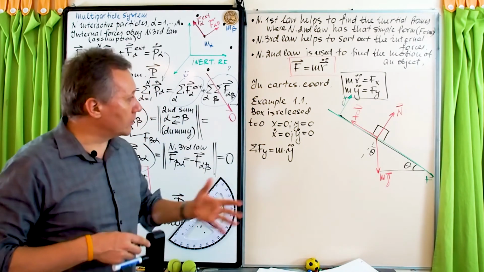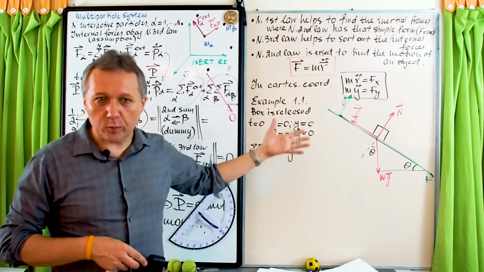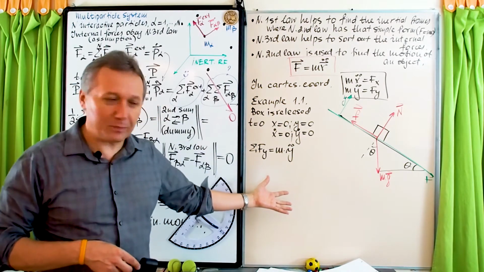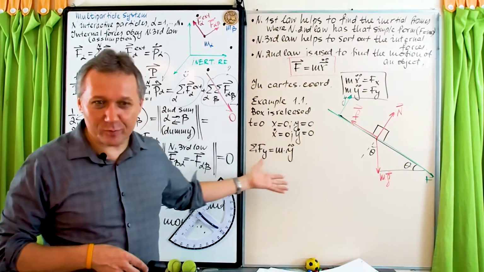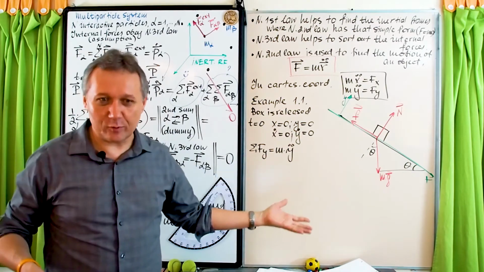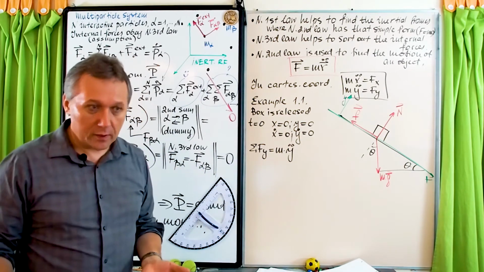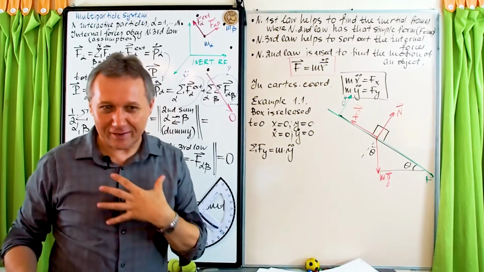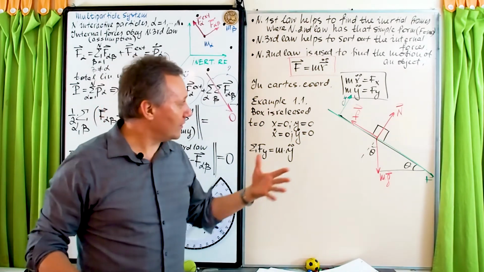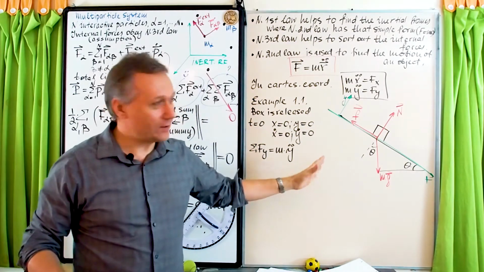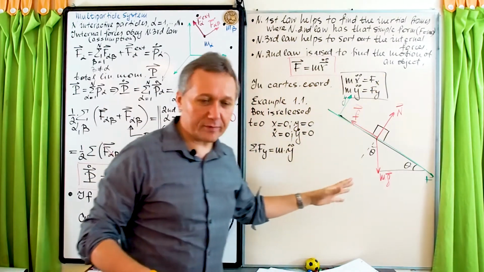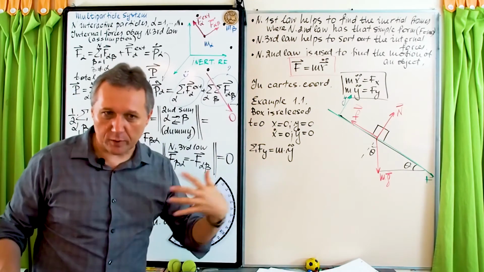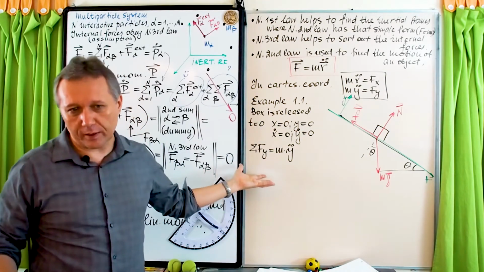So at this point we need to apply something which we know. Otherwise, if we don't apply something obvious, we wouldn't be able to find anything else. We see that the block slides along the incline, so the block doesn't move in the y direction, so y double dot equals 0. We have to use that, otherwise we wouldn't be able to find the normal force.